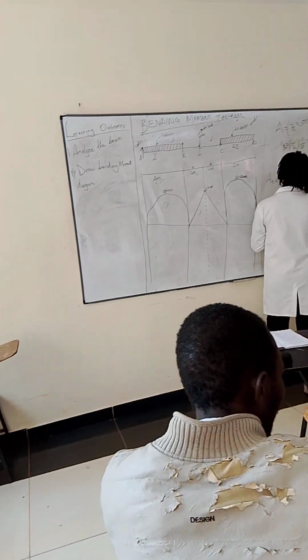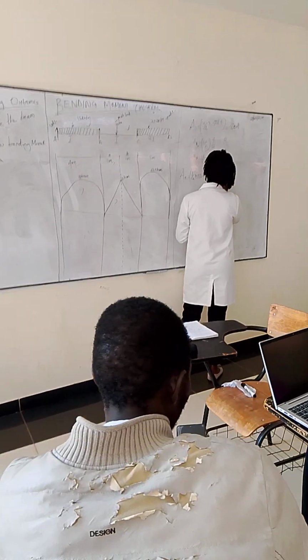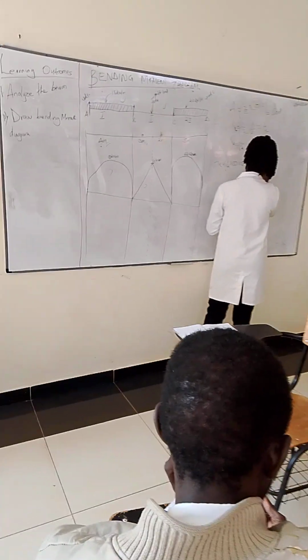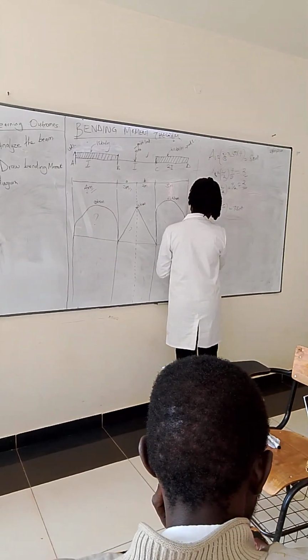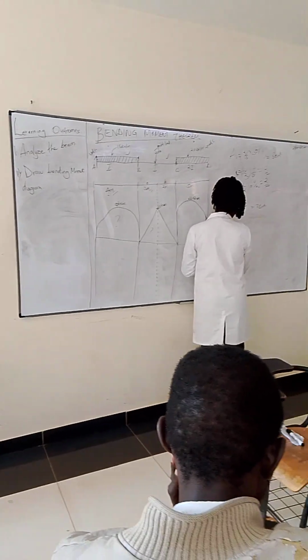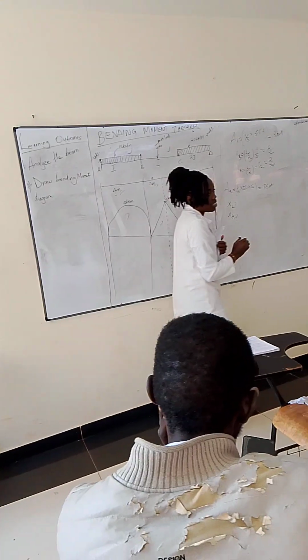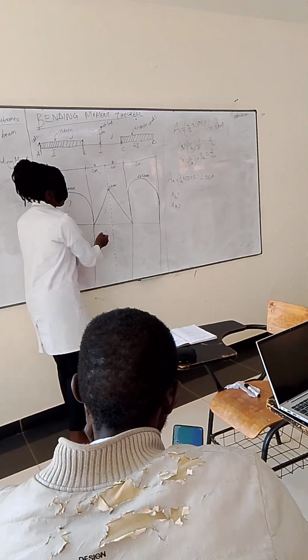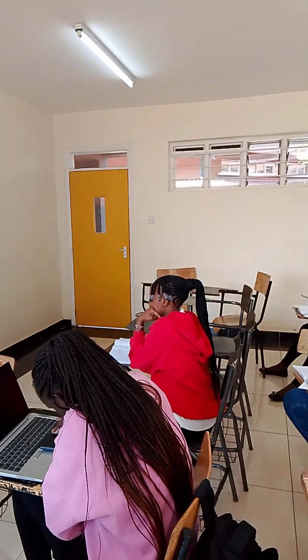What do you get? 75 meters squared. We're going to find the x left and x right. Who can tell me how to get x left in this case? Anyone?